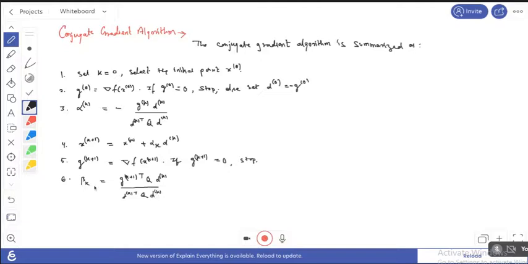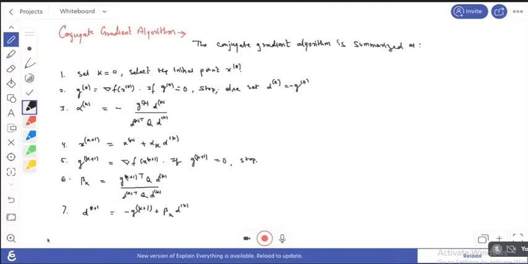This is your beta k. Then in the seventh step, you have to find the next direction, d of k plus 1, and for that you use this beta k. So the next direction equals minus g k plus 1 plus beta k dk.